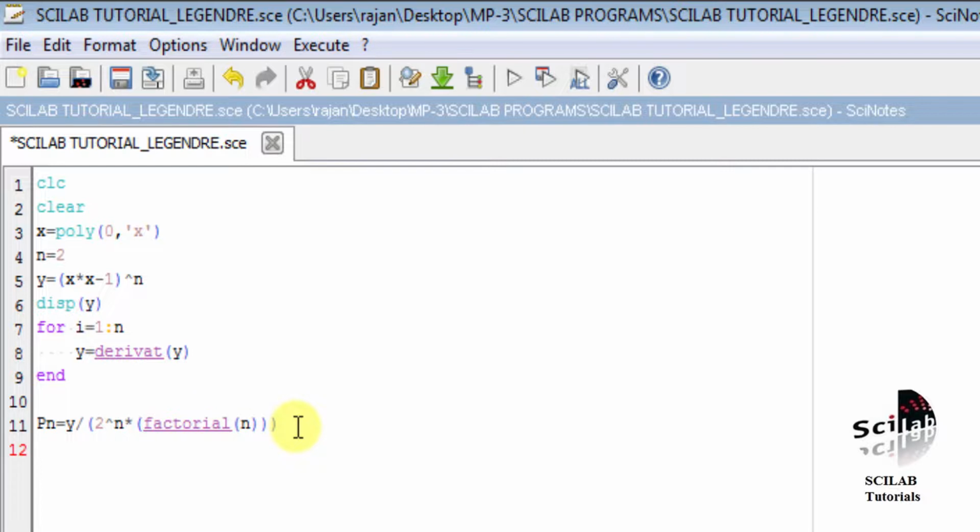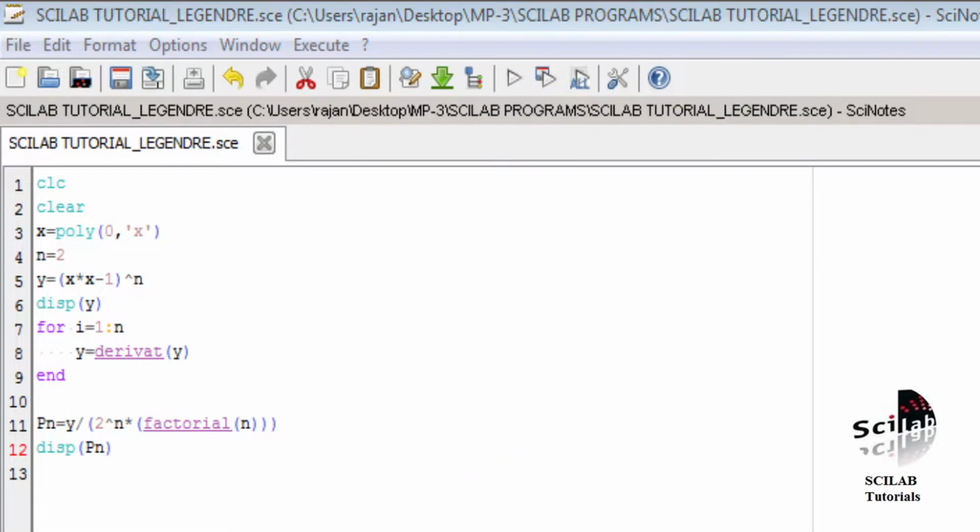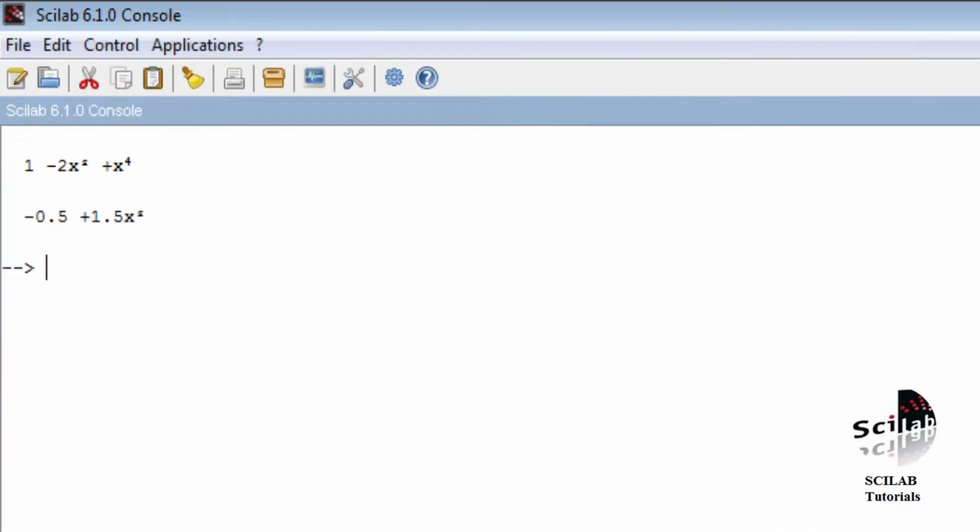Now let us display the value of Pn. So what we are getting is minus 0.5 plus 1.5 x square. Now let us check whether we are getting the correct answer or not.